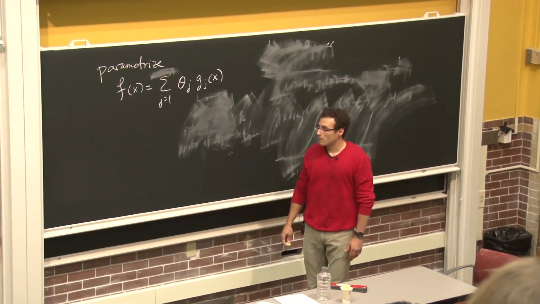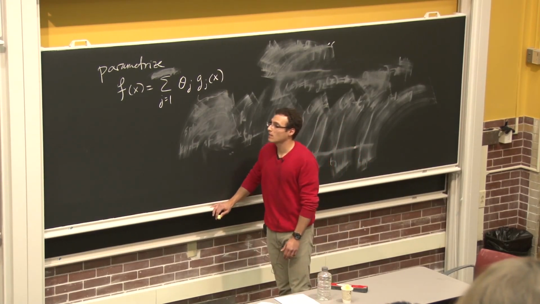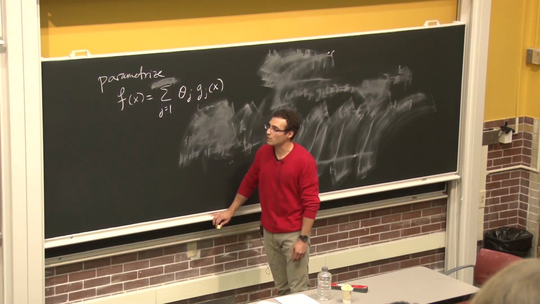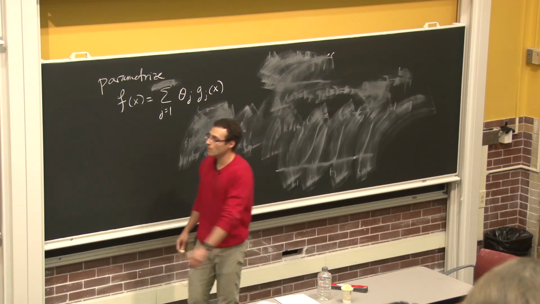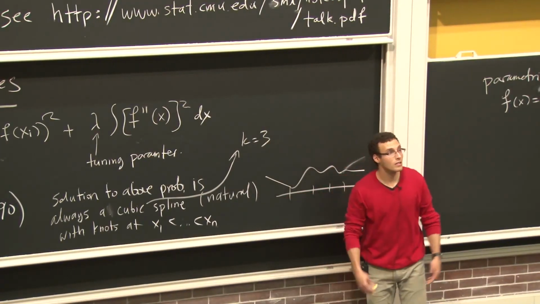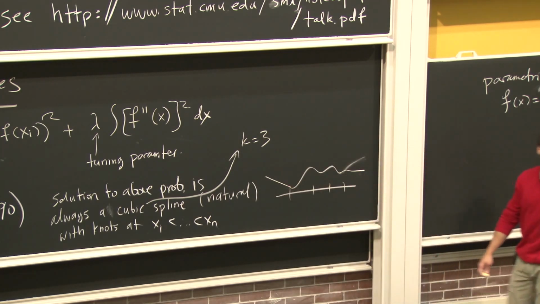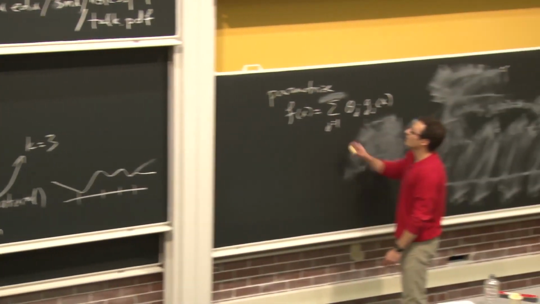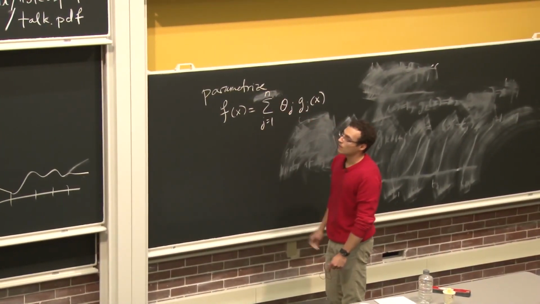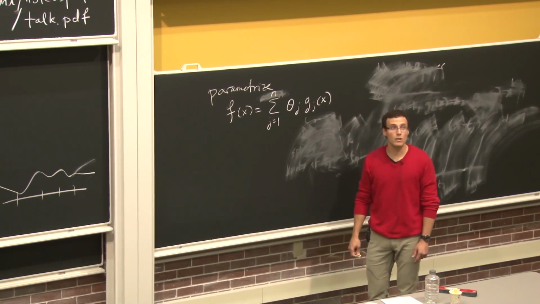But for reasons that are not difficult to explain, but I don't really want to spend the time going through them, natural cubic splines actually have even fewer degrees of freedom than splines. You can see why that's true, because they're only linear out here, they're not cubic. And it's actually true no matter what the order is.